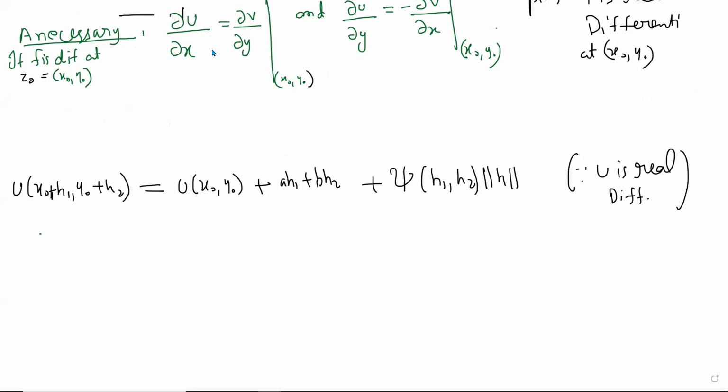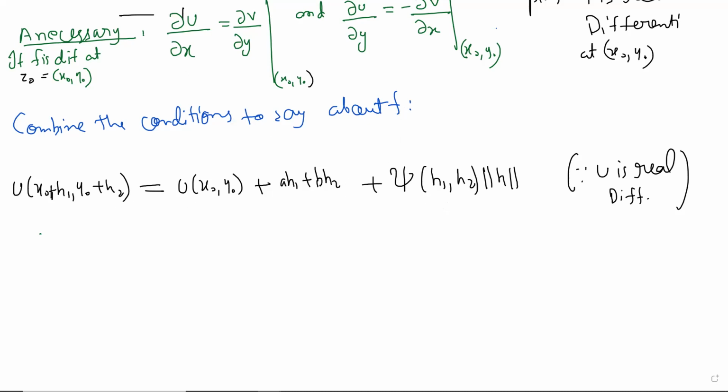So now what we want to do is combine the conditions to say something about f. Just think of it like this. We'll see how we can combine them, because we want to say something about f. First of all, this is what we start with.